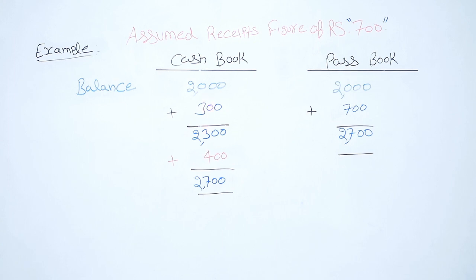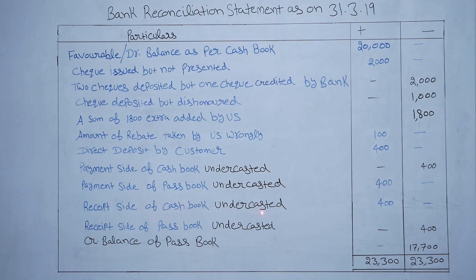As per cash book, balance is 2300. There is no mistake in the passbook, so full amount of receipt 700 is written. And passbook balance is 2700. We have to follow passbook balance. So we will make 2300 to 2700 by adding 400 rupees. Therefore, we will add 400 rupees. Receipt side of cash book undercasted, it will come in the plus item.